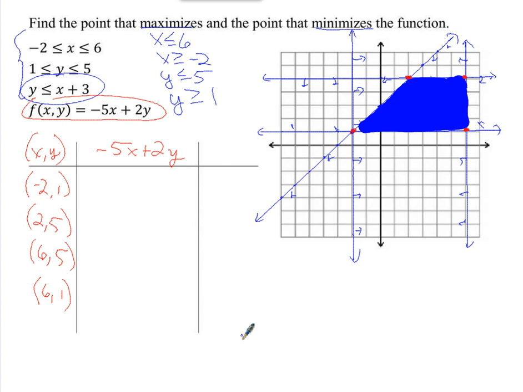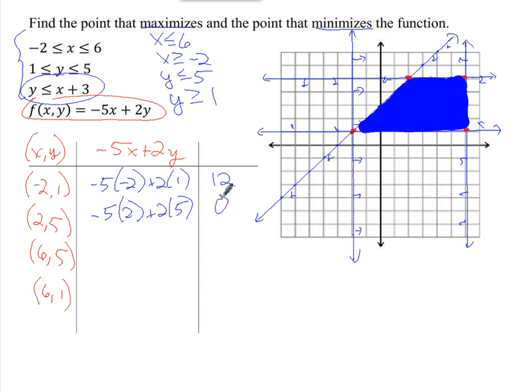So for my first ordered pair, what do I write? -5 times -2 would be 10 plus 2, 12. Next one, what do we write? What do we get? -10 plus 10 is 0.